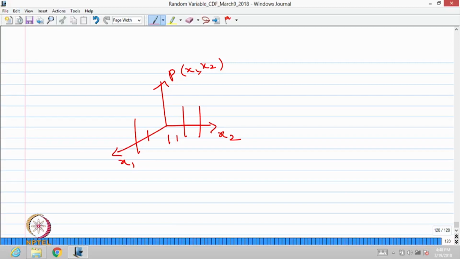Both are discrete type random variables, therefore this can be represented in the three dimension plane. x1 is one axis coordinate and x2 is another coordinate, and height z axis is a probability at the point x1 comma x2.